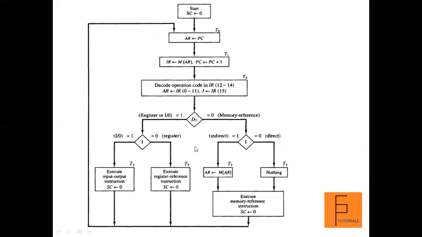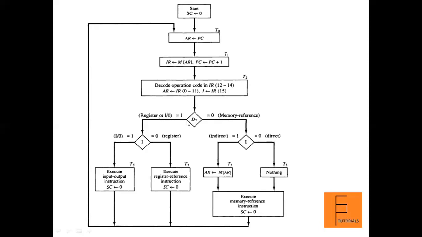So if your output happens to be 111, it means that D7 has been activated, that your last output line of the decoder has been activated. And when will the last output line of a 3x8 decoder be activated? It will be activated when you have an input value of 111 for the opcode.